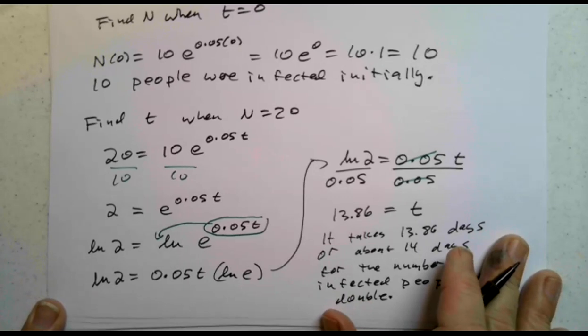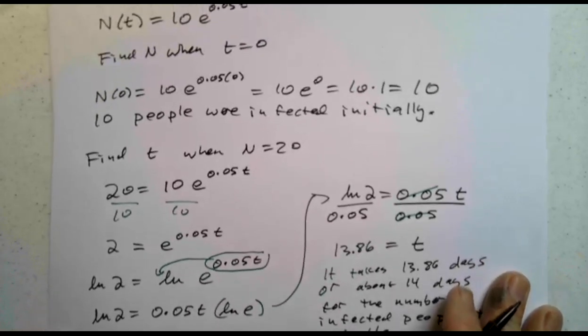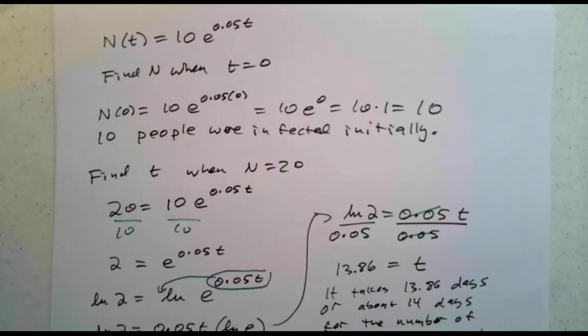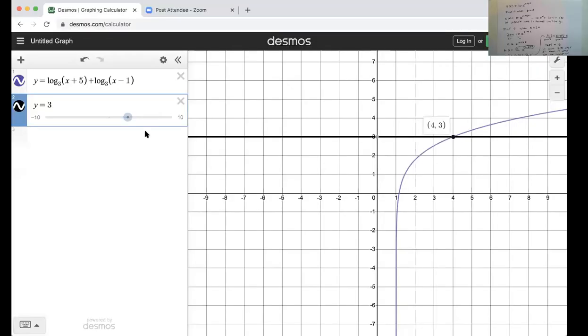Let's take a look at what this graph looks like on Desmos before we finish the problem. So again, N is 10 e to the 0.05 t. So let's go to Desmos if I can find it. Here we go.